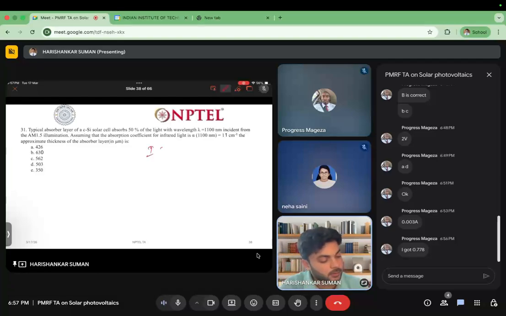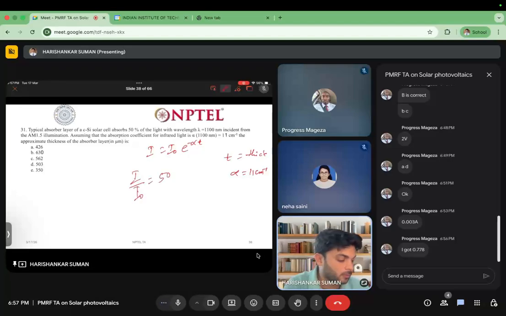Please apply this I by I naught equals e to the power minus alpha t, where t is the thickness and alpha is the coefficient you already have been given. I by I naught you have 50%. Now please solve for t.